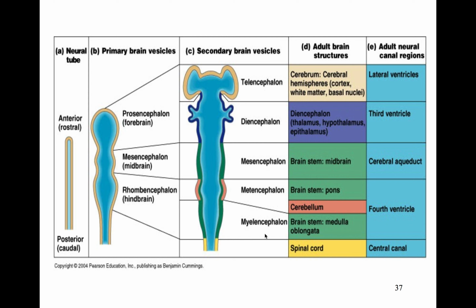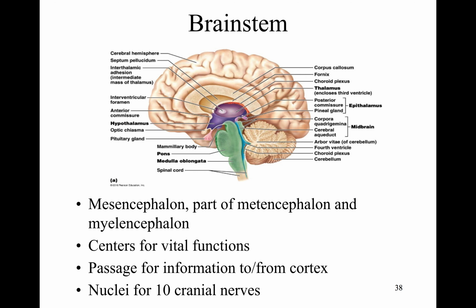And then the myelencephalon is going to give rise to the most inferior part of the brainstem, the medulla oblongata. So the brainstem arises from the mesencephalon, part of the metencephalon, and the myelencephalon. The brainstem is shown right here.